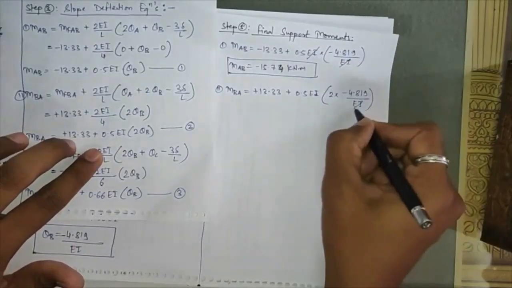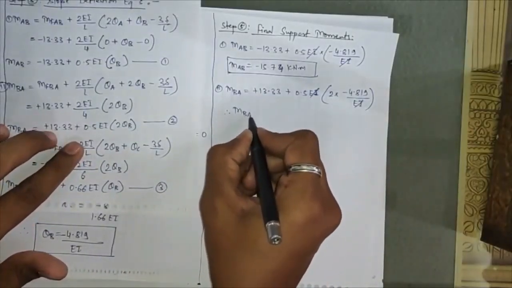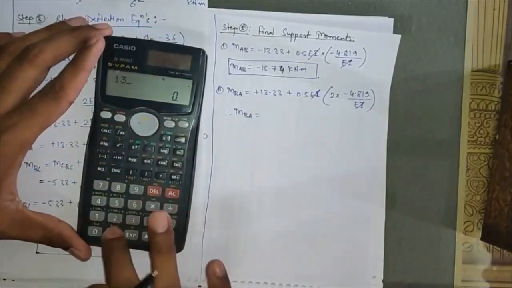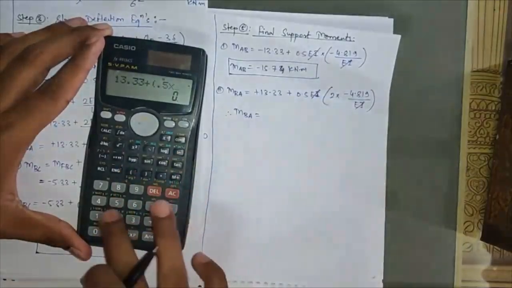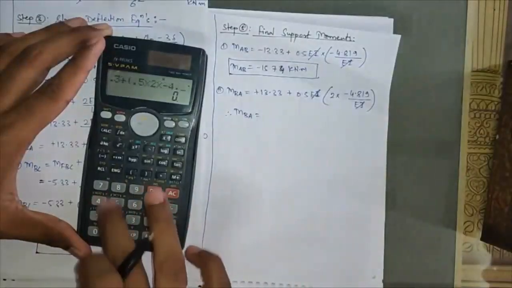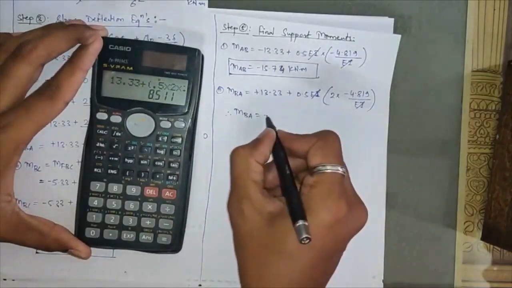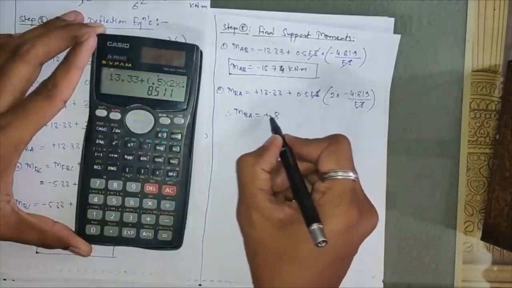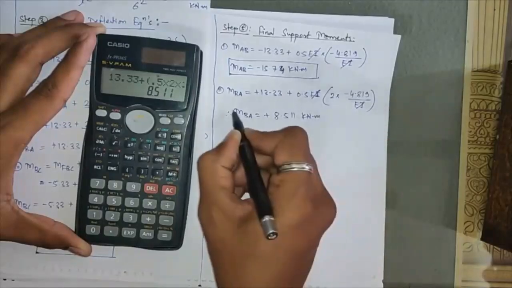Again EI will get cancelled. I get directly the value of MBA: 13.33 plus 0.5 into 2 into minus 4.819. This comes positive, plus 8.511 kilonewton meter.